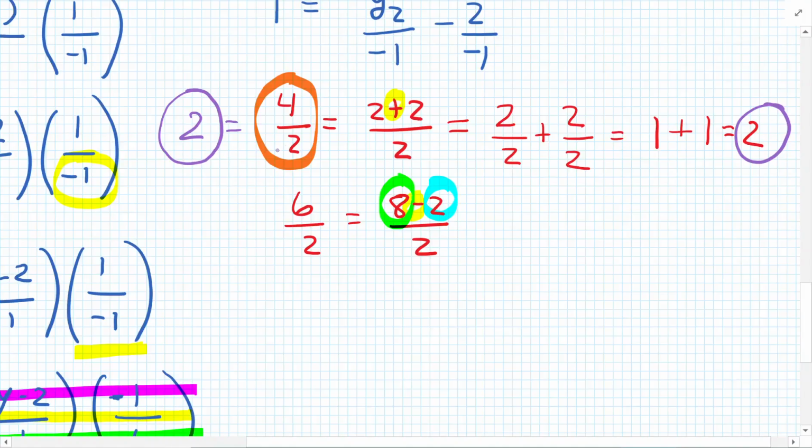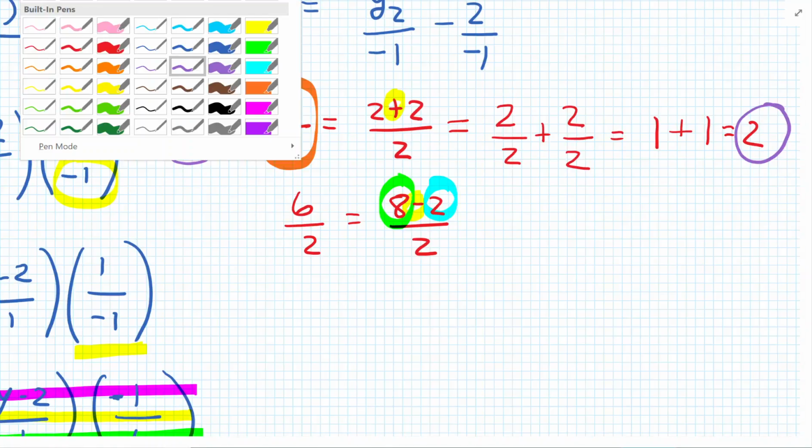So if you look in between these purple 2's, that one I've circled over here that's red, and this one's purple and circled, these are all equivalent statements. 2 is equal to 4 divided by 2, which is also equal to 2 plus 2 over 2, which equals 2 over 2 plus 2 over 2.